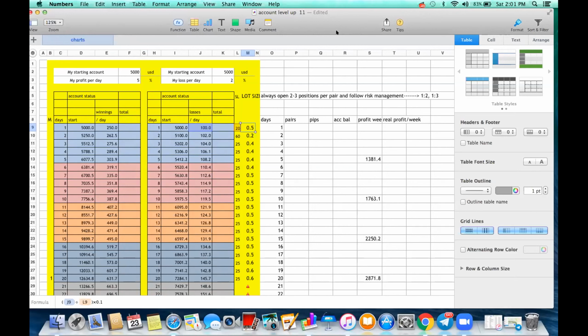So do you all understand how you compound your money without even risking your money? Like people think, man, I want this $100 account to get to 10,000, and it's just going to happen every time I get in a trade. No, because you win and you lose trades. Losing is a part of it.